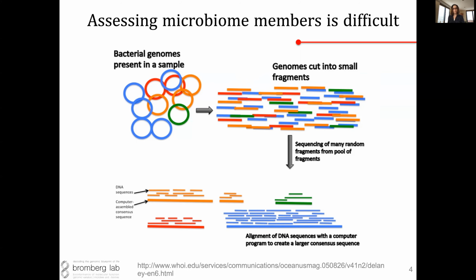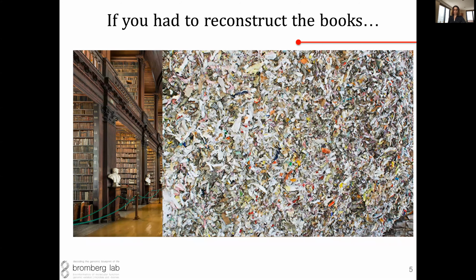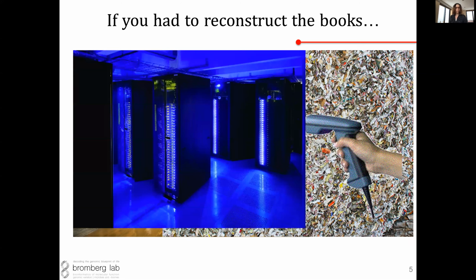So if I was going to give you an analogy, think about this wonderful and beautiful college library. This is Trinity College in Dublin. It's really an amazing place. And if I ask you what are the books that are present in this library, what you would go out and do is shred every single book, get a little scanner that tells you what is the sentence that's written on that particular shred, and then try to assemble this using large-scale computing to figure out what books would have actually been there.